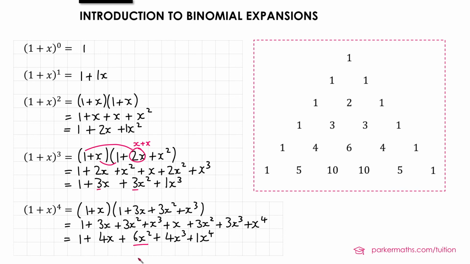And that's why you end up with the 6 here. Now, to do these binomial expansions, it's not particularly important to be able to understand the details of why we use Pascal's triangle. But the key thing to take away from this video at the moment is that the coefficients of your binomial expansion will be one of the rows in Pascal's triangle.